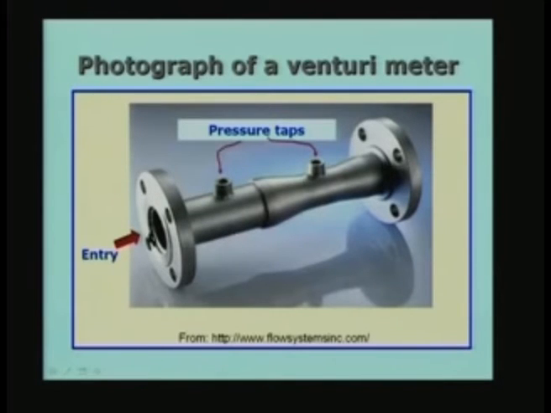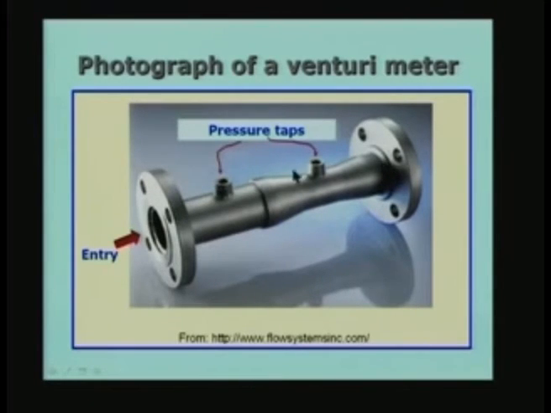You have the entry on the left side, this is pressure tap number 1, this is pressure tap number 2, and there is a straight portion without change in area, in the middle of which is the tap. There are two flanges, one at the beginning and one at the other end, and this entire thing is placed in a small gap in the pipeline for the flow measurement.